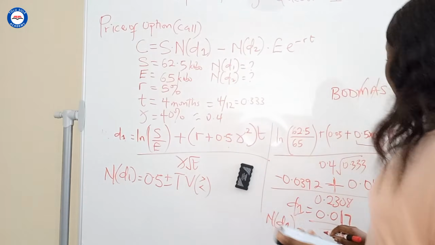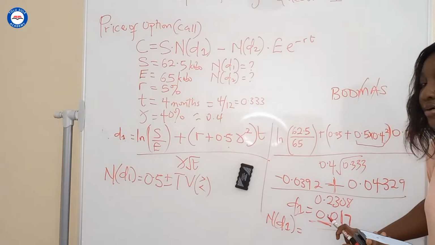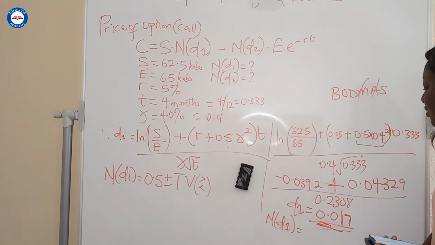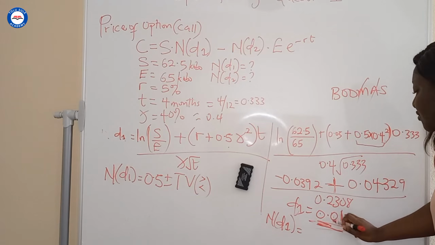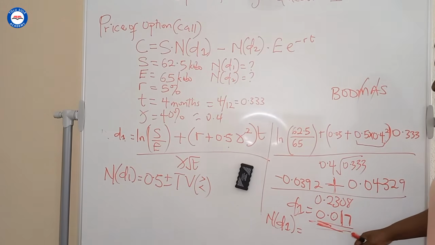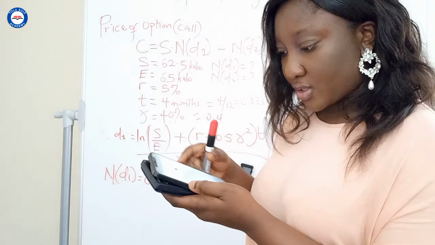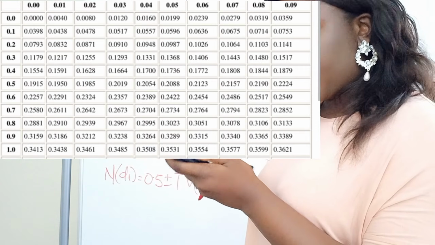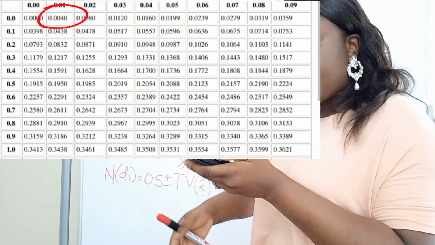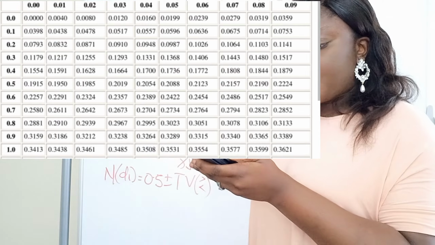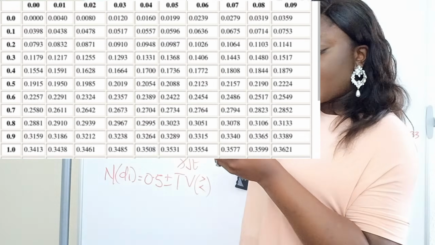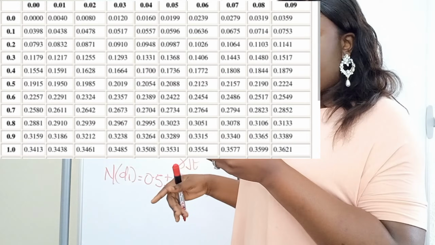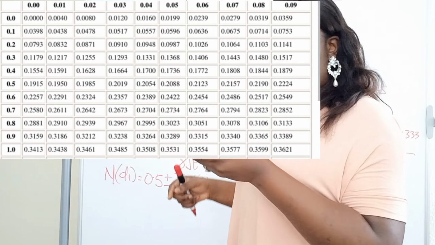I'll say 0.0 under 0.01. So it's always the first two, 0.0, right, under 0.01. So I'll put it on the screen. You look at 0.0 under 0.01. Vertically, you have all those numbers, 0.0 down. Then horizontally, you can see all those values, 0.00, 0.01, 0.02.